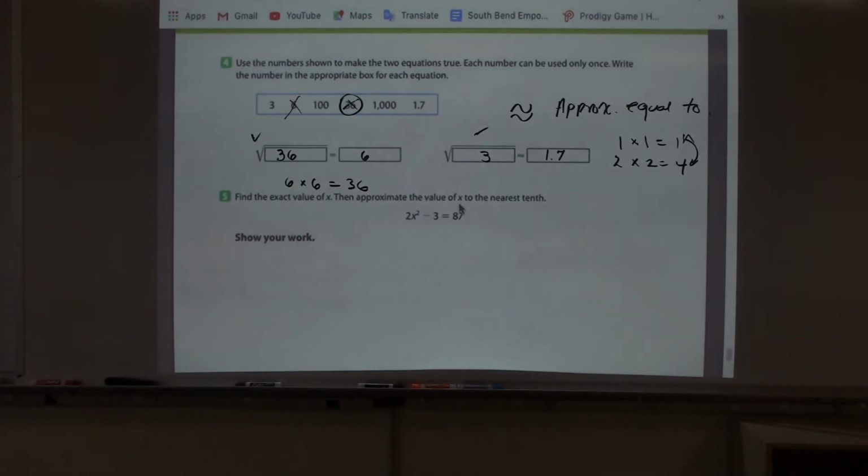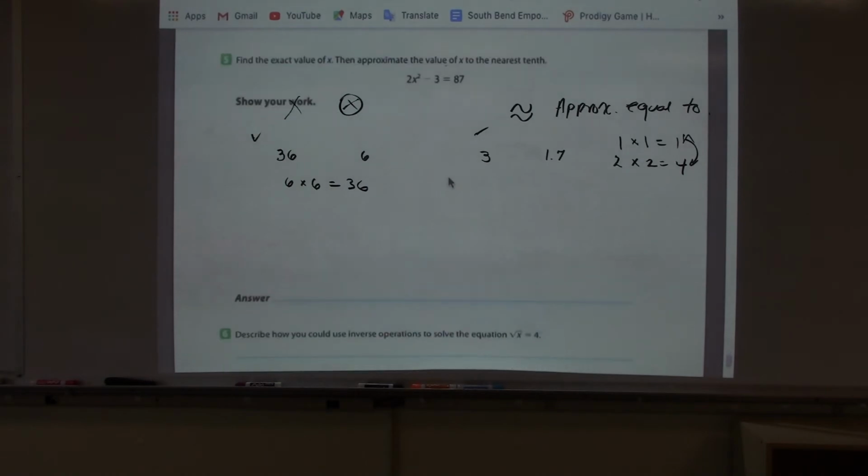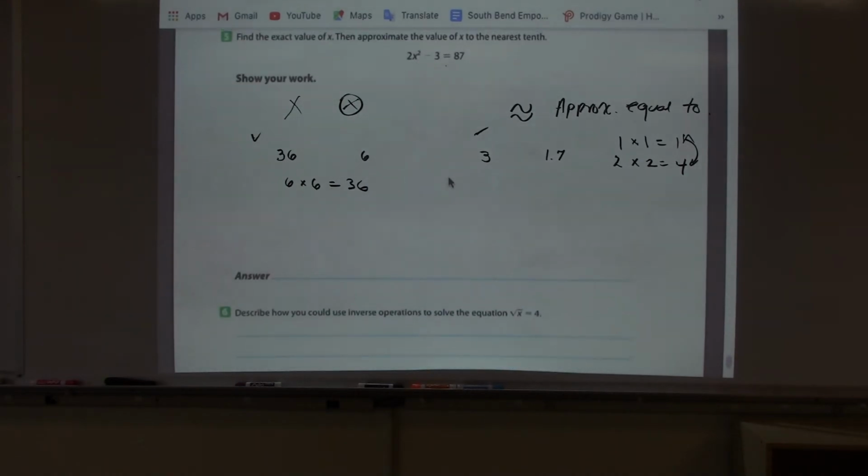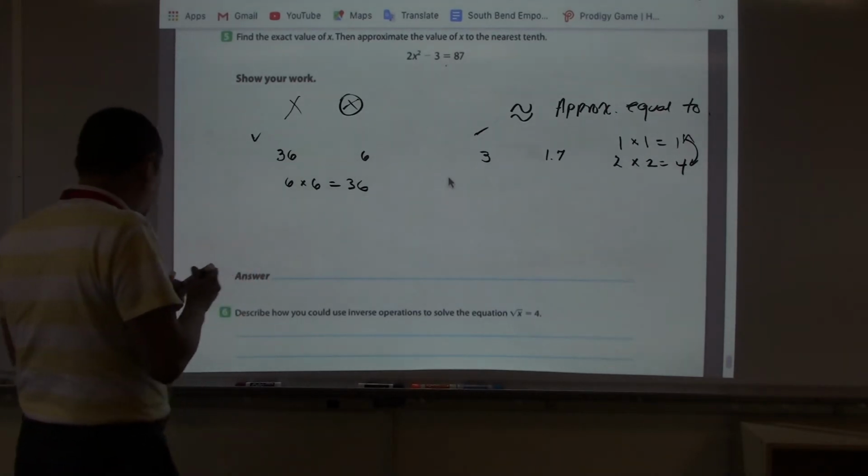So in this case, we're going to move to problem number 5. And I need you to go slow with this one because I have a bigger equation.